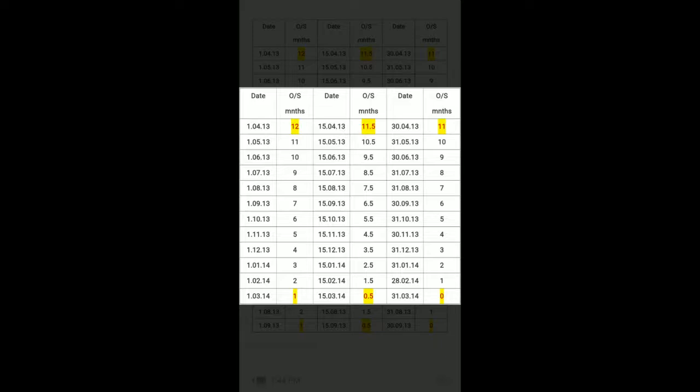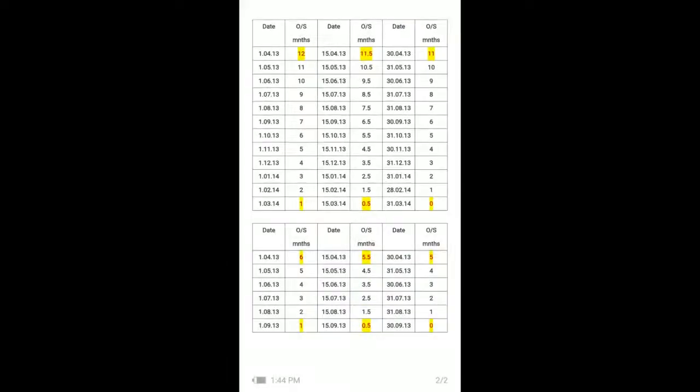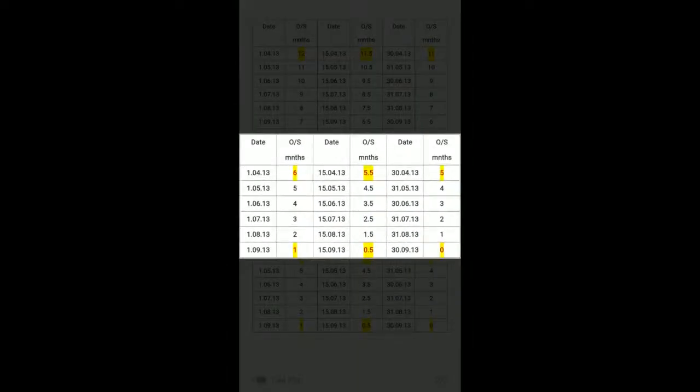Moving on to the end of every month, the largest period is 11 and the shortest period is 0. So 11 plus 0 divided by 2 gives you 11 by 2. This is how we take up the average period for the full year.